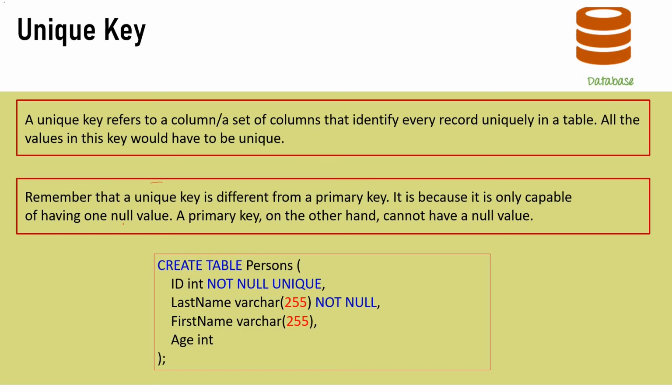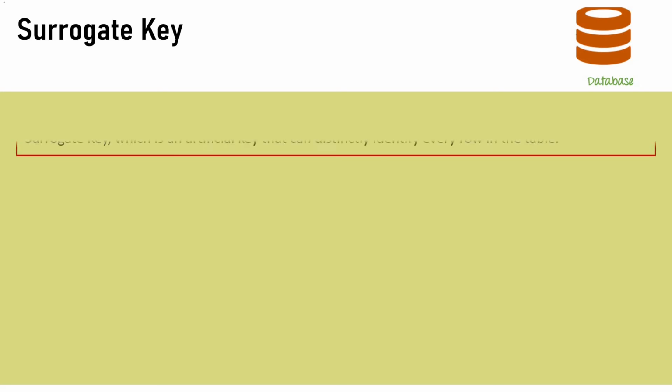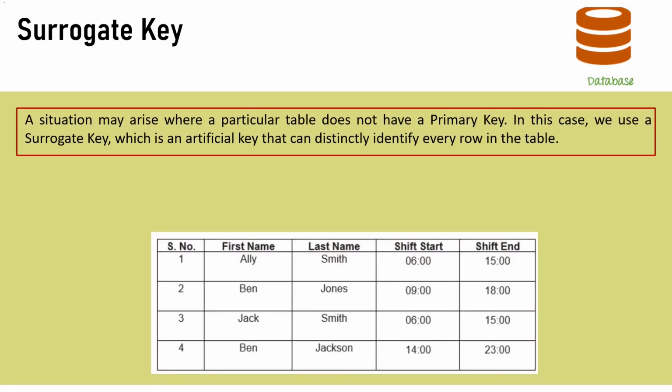And the last concept is called the surrogate key. Surrogate key is also a very, very simple concept. Sometimes in a table, you will not find any primary key. Like in this table, I have got first name, last name, shift start and shift end. As you can see from this particular table, I cannot choose first name as the primary key, or last name, or shift start or shift end. In this kind of situation, what I can do is add a simple serial number.